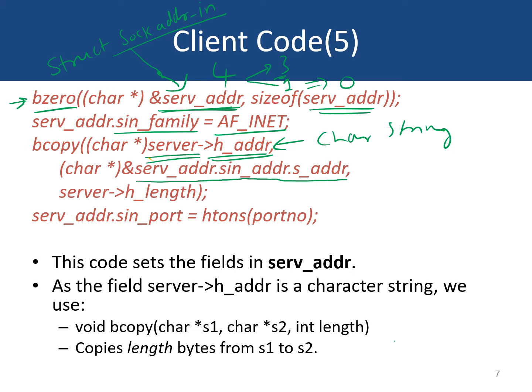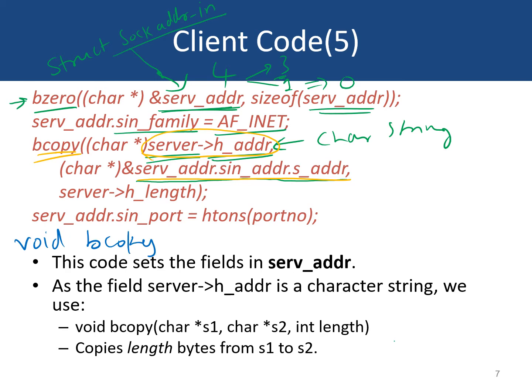Since this h_addr is a character string, we will use the bcopy function to copy the IP address into the corresponding field of our server_address structure instance. Recall, the prototype of the bcopy function looks like this.